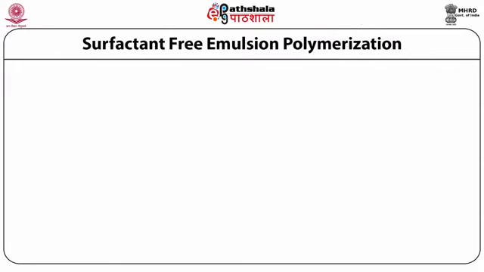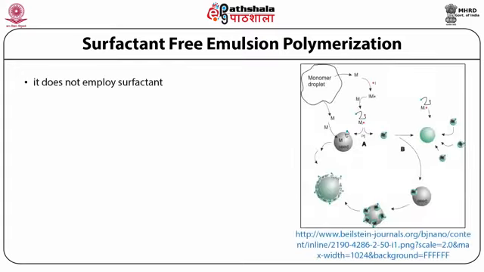Now let us see another technique for preparation of nanoparticles by polymerization, that is surfactant-free emulsion polymerization. This technique has an extra advantage over conventional polymerization as it does not employ surfactant, hence it does not require an excessive surfactant removal process, which is time-consuming and costly.